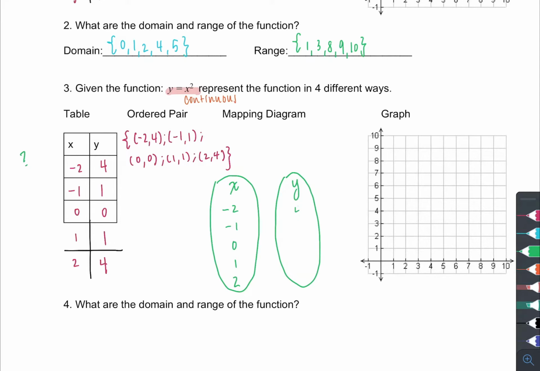Let's do 0, 1, 4 just to keep it in order. And we want to draw our lines to where they go. So -2 is going to go to the 4. -1 goes to the 1. 0 goes to the 0. 1 goes to the 1. And 2 goes to the 4.